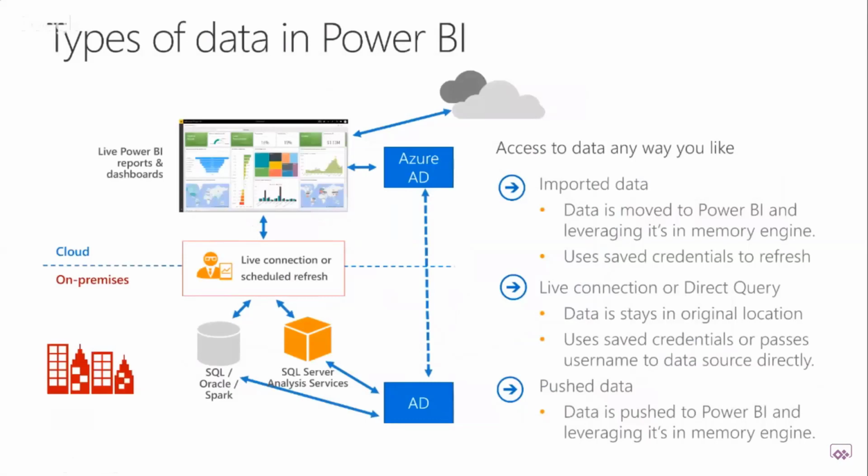Whenever we are doing any connection, integration or reports, we are trying to connect to some source. That is the data source. It can be Excel, CSV, SQL Server, Salesforce, or Dynamics 365 itself, D365. It can be anything. So that is imported data.